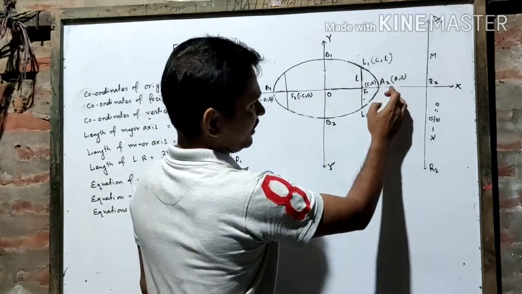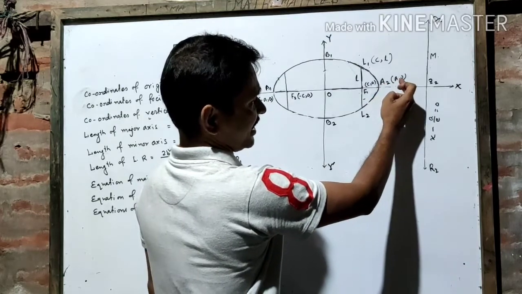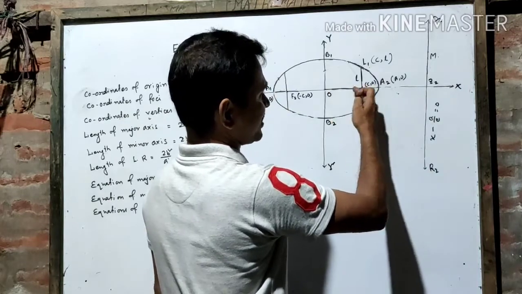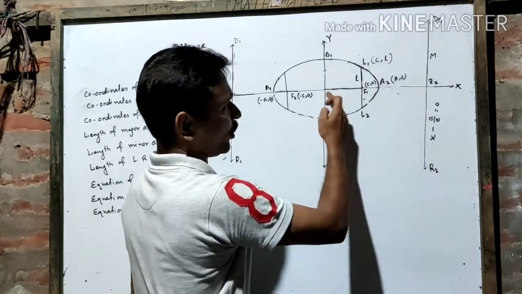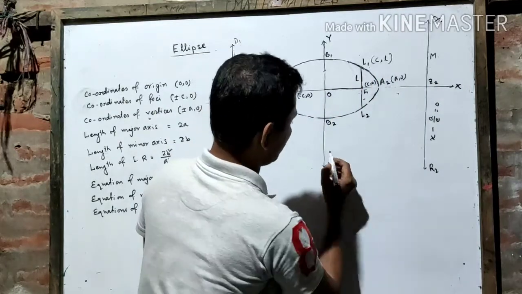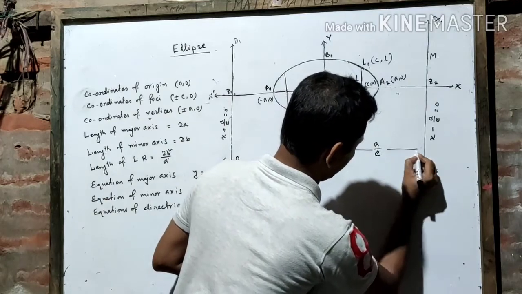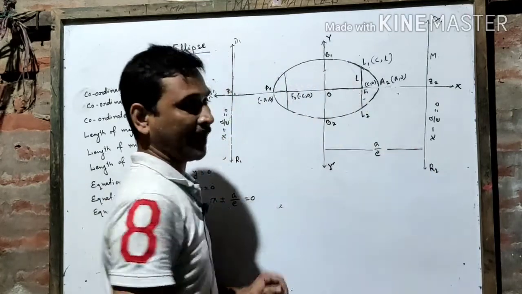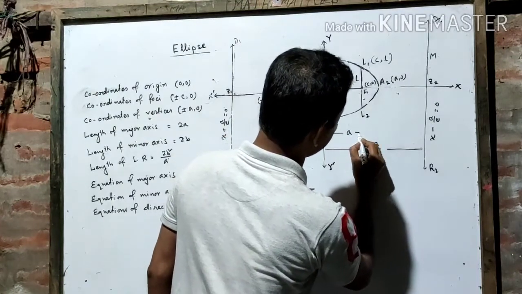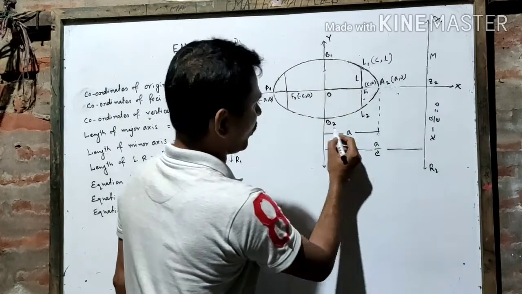Coordinates of A2, that means one vertex, is a, 0, and the equation of this directrix is x equal to a by e, so this complete length OZ2 is a by e, and the length from O to A2 is a.